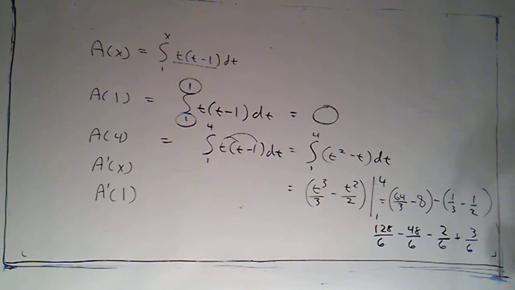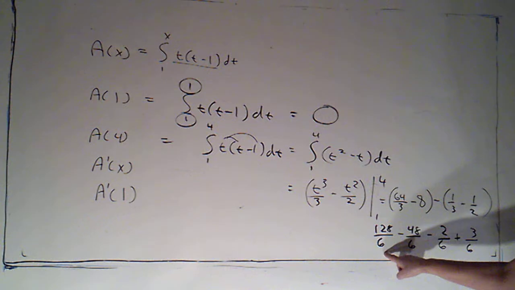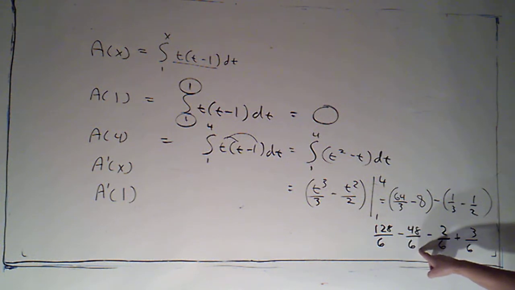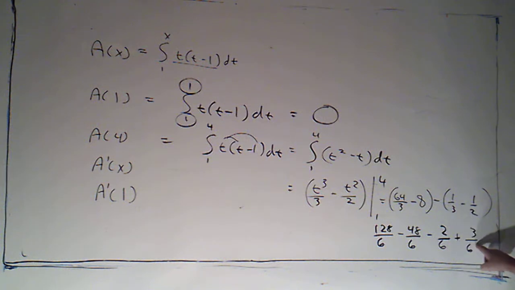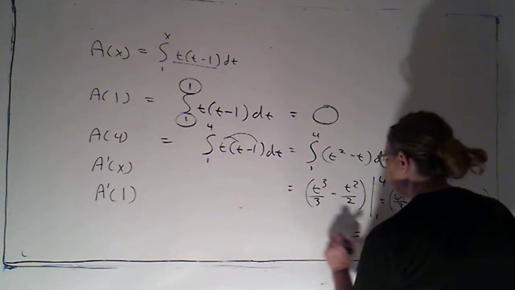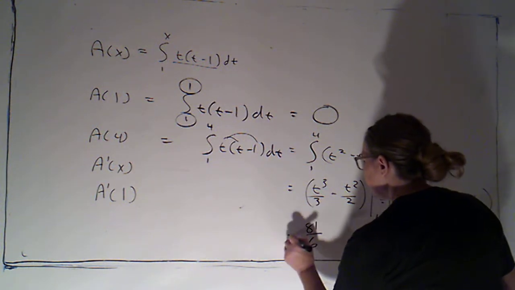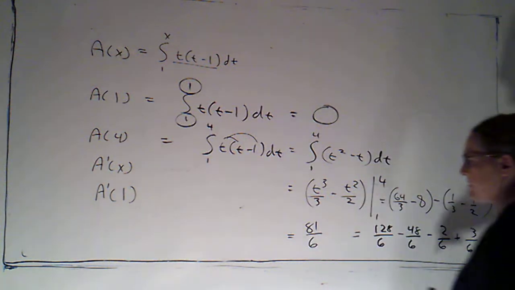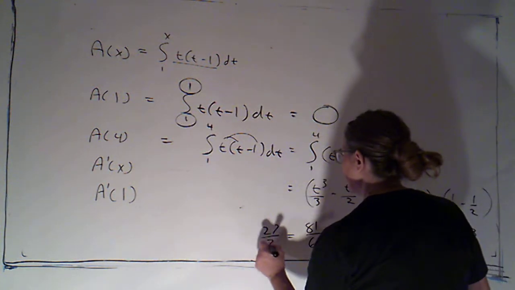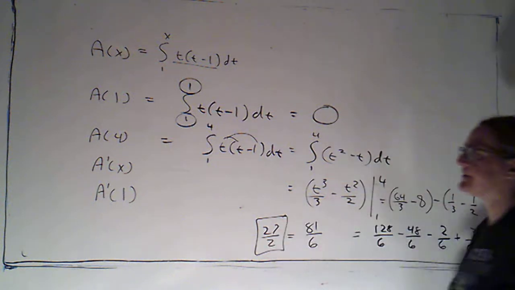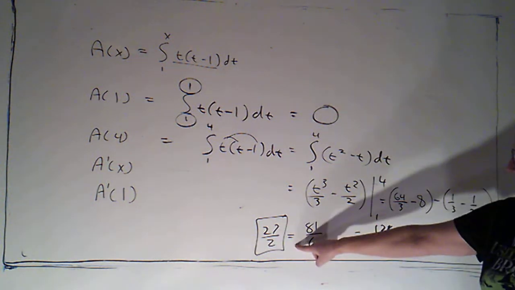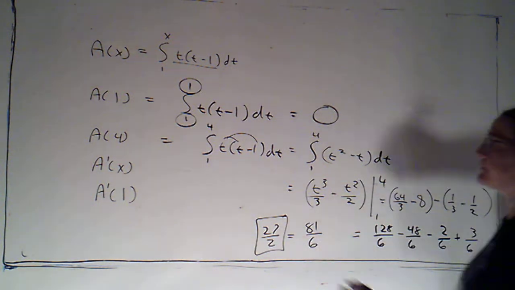So let's see, 128 minus 48 is going to give me 80. Minus 2 plus 1 is going to make it 81 sixths. And of course I can reduce that because 3 goes into both of those, so that's just 27 halves. So that's my A of 4.